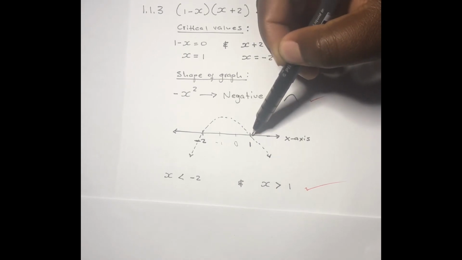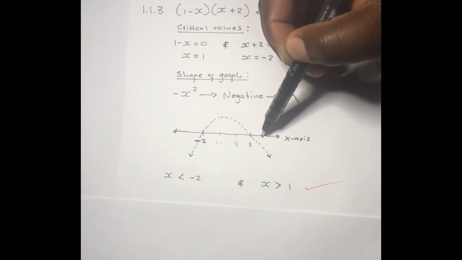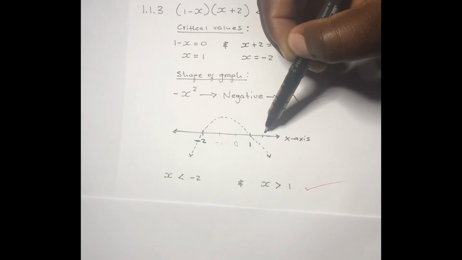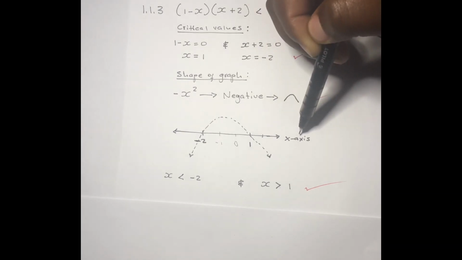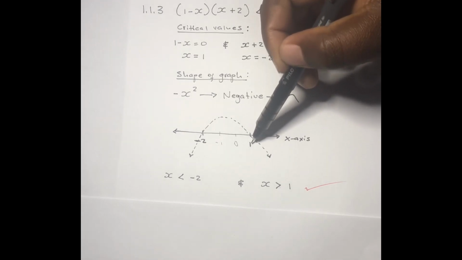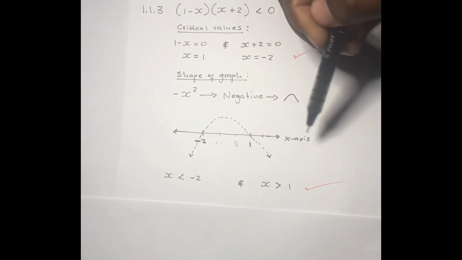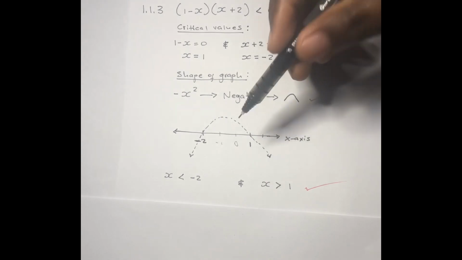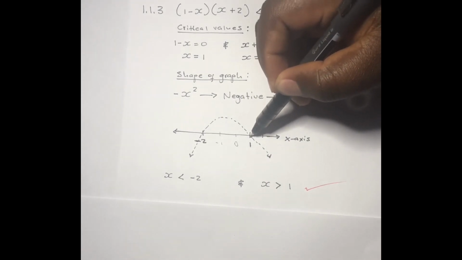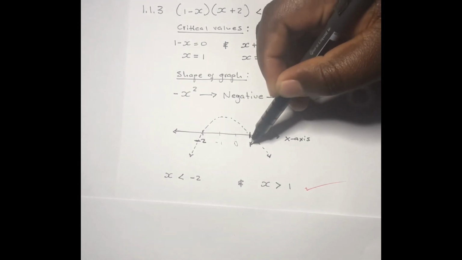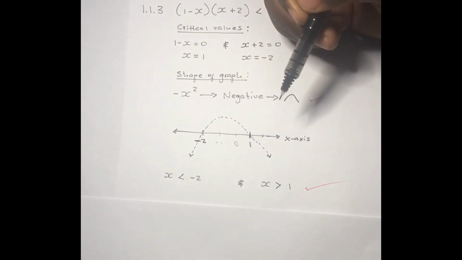And then after, we'll then test using a +2. You can also test using any number which is greater than 1. It could be 10, could be 1,000, could be million, it could be whatever number, as long as it's greater than our critical value, which is +1.